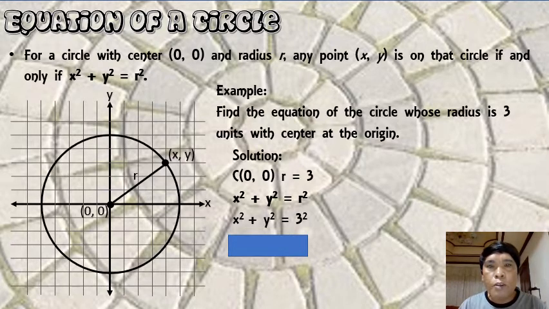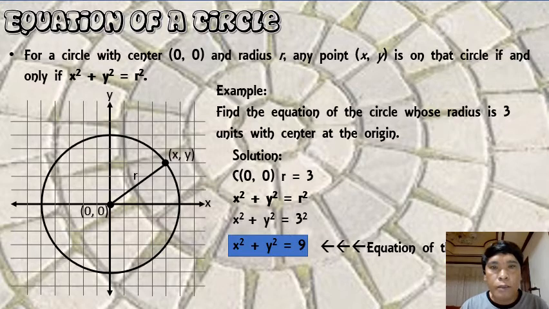And since the length of the radius is already given, plug it in on r, that will be x squared plus y squared is equal to 3 squared. So therefore, the equation of the circle is x squared plus y squared is equal to 9. So this is now the equation of a circle.